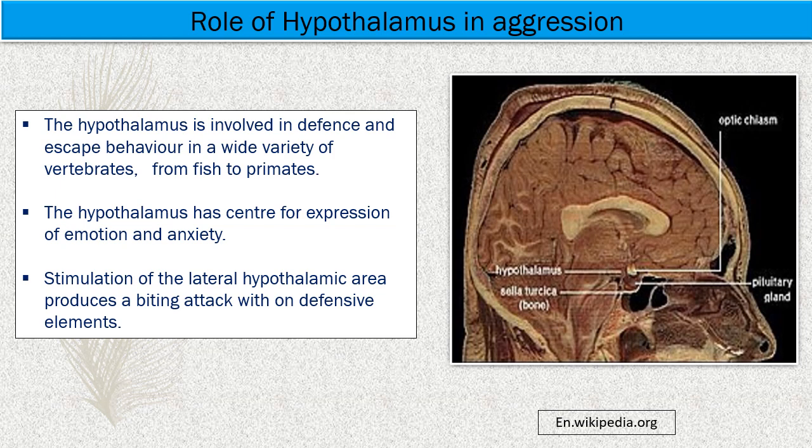The hypothalamus also plays a role in emotion. Specifically, its lateral parts are involved with pleasure, while the median part is involved with displeasure and a tendency to uncontrollable and loud laughing. Stimulation of the lateral hypothalamic area produces a biting attack with no defensive elements.